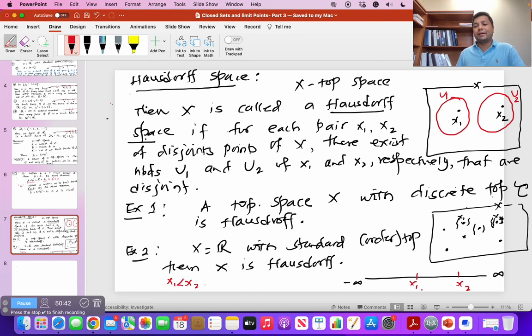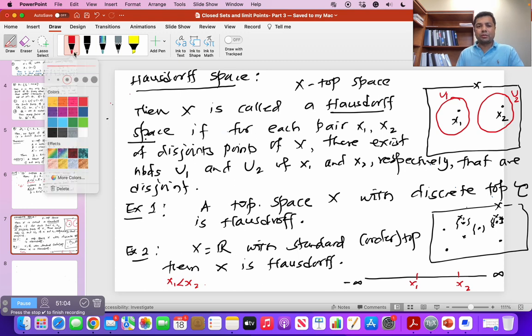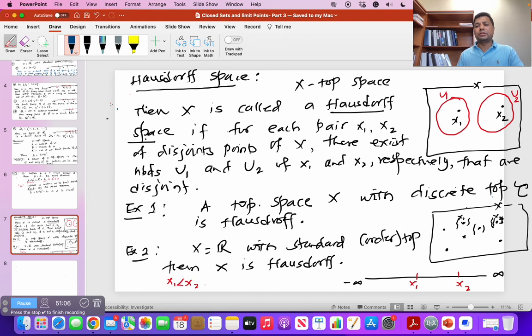In order for the set of real numbers to be a Hausdorff space, we should be able to find a neighborhood of x1 and a neighborhood of x2 which are disjoint. In the standard or order topology, the open sets are like open intervals. So here we should be able to find an open interval around x1 and an open interval around x2 which are disjoint.